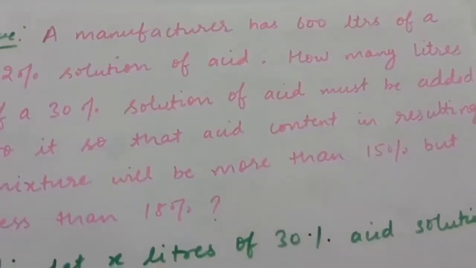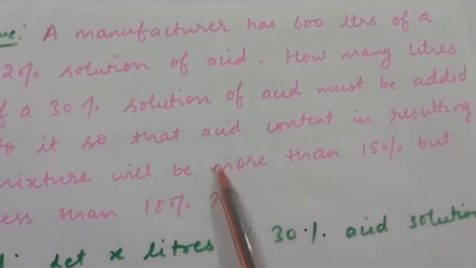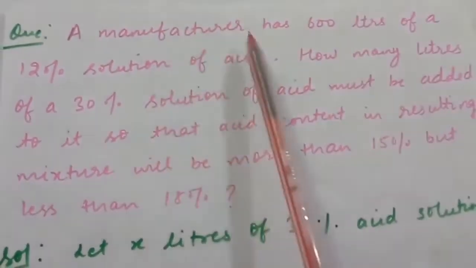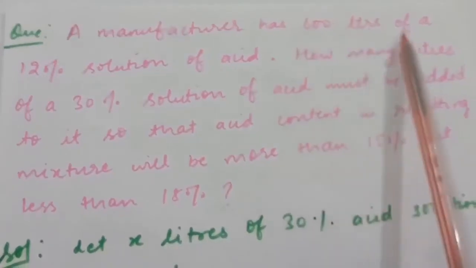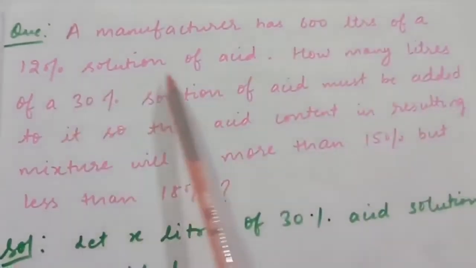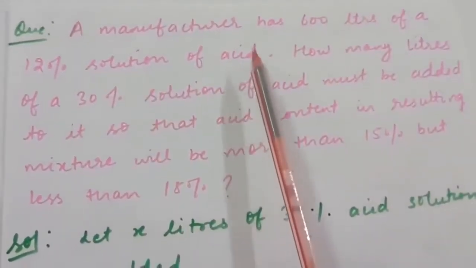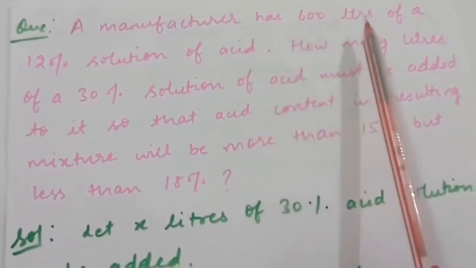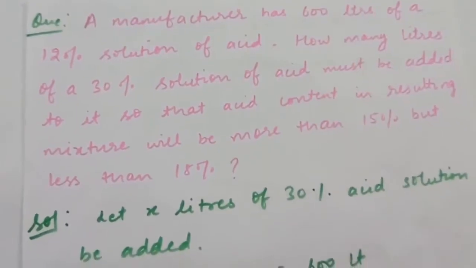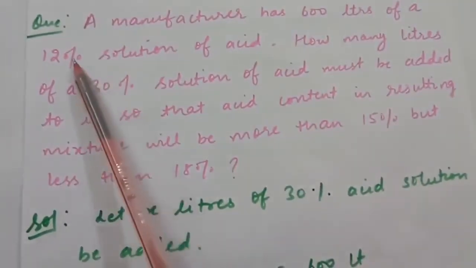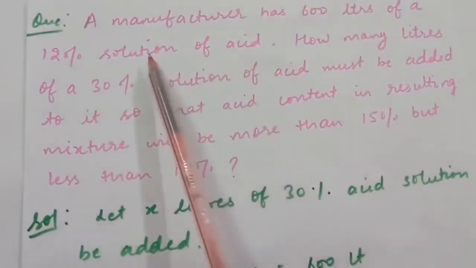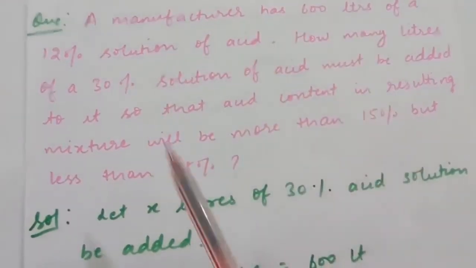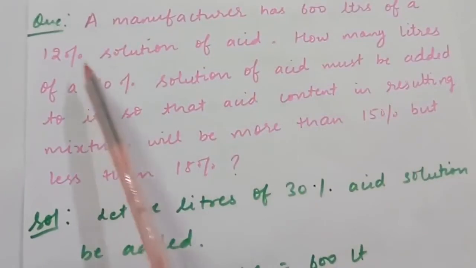Let us see one more question. See, you have to understand this question very carefully. The question says a manufacturer has 600 liters of a 12% solution of acid. What this means is that he has a 600 liter solution in which acid is 12%.